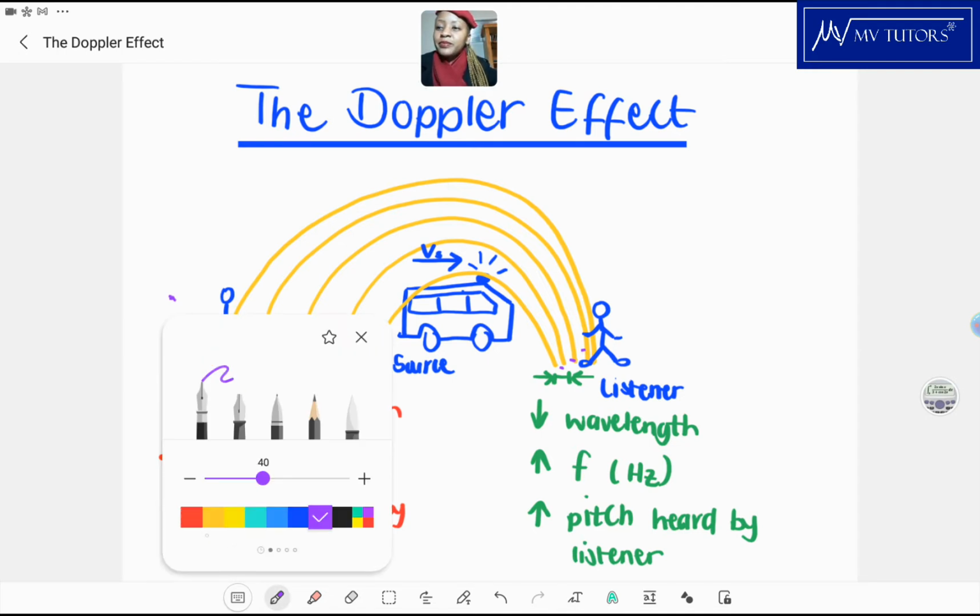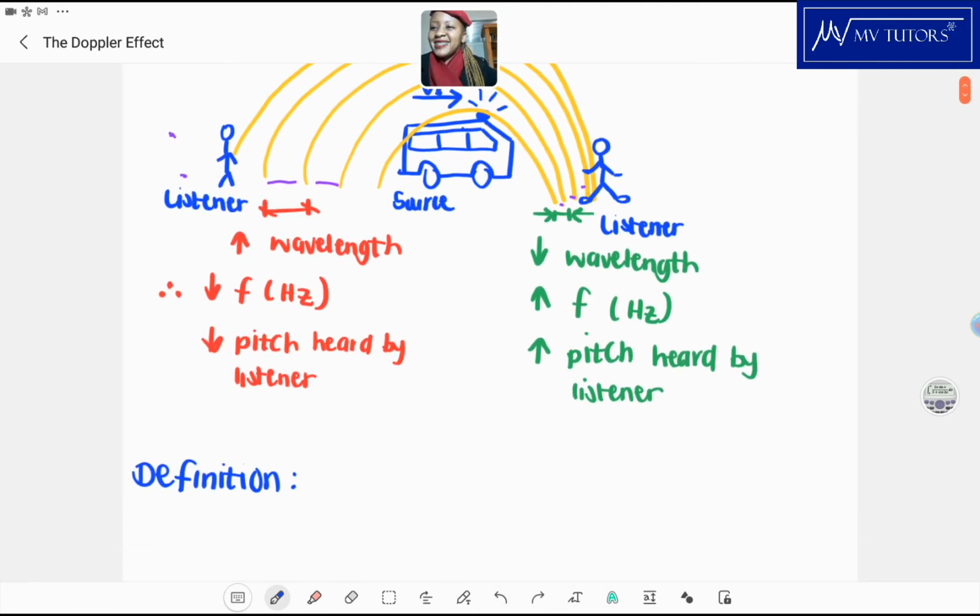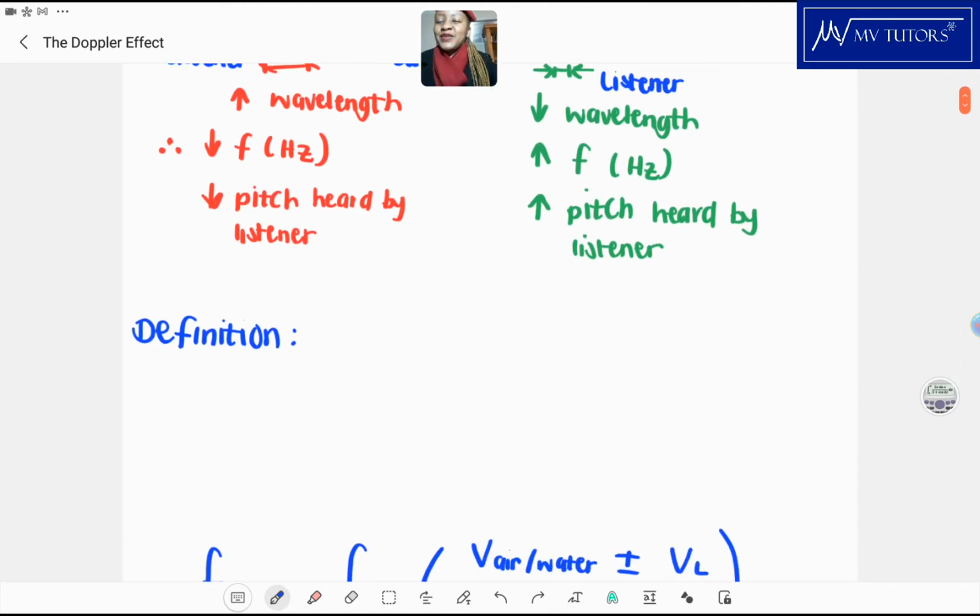All right, so then we can come and define what the Doppler effect is. Let's write down the definition.